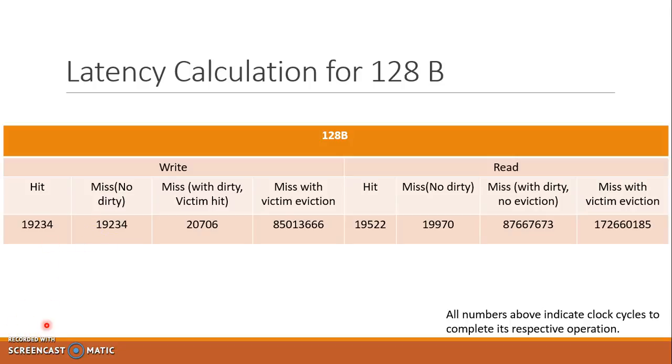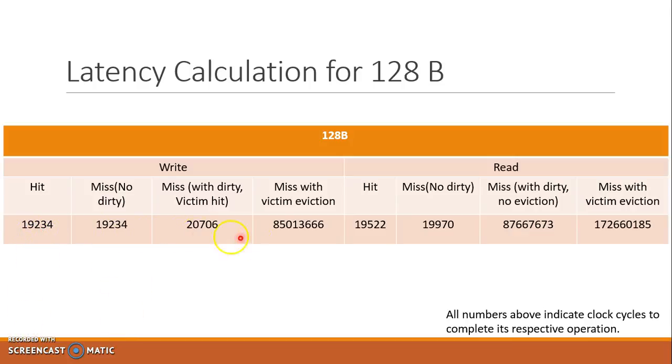Now that the hit has occurred, our smart hub would transmit a signal stating that it is ready to accept the data. Now it would take 18432 cycles to accept the data as it is of 128 bytes, and later it would take 512 clock cycles to transfer the data from buffer to memory. Thus if we sum all of them, it would take 19234 cycles for a hit request.